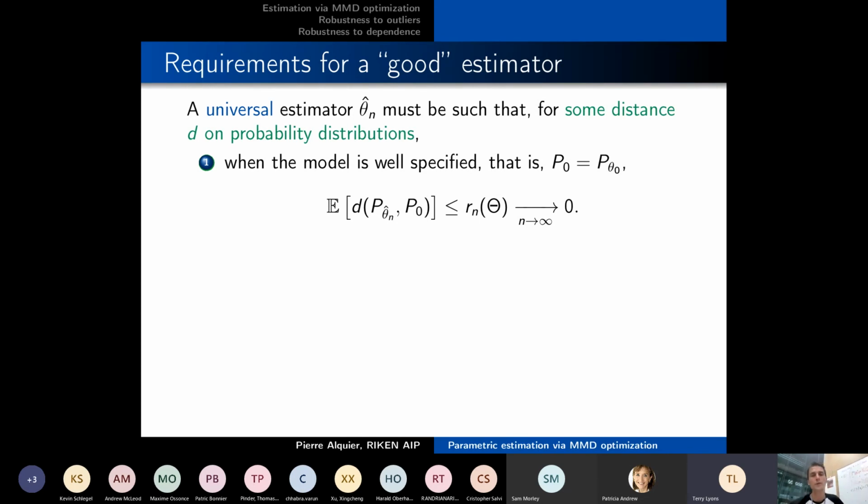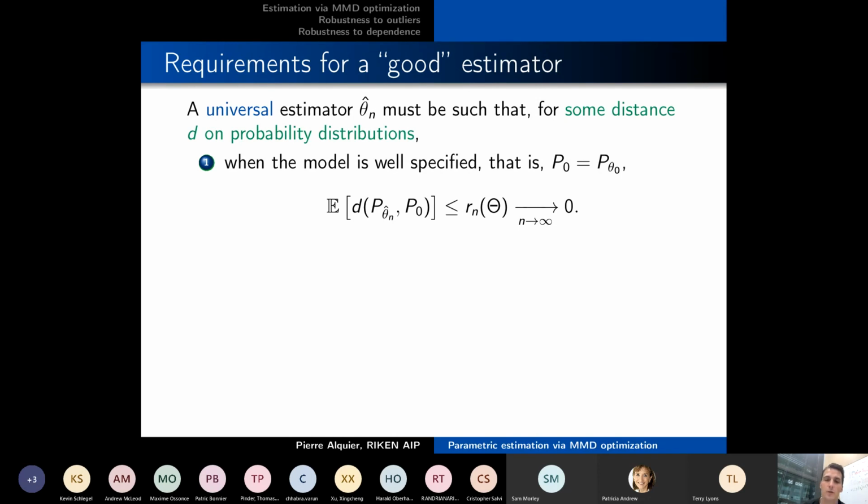But the point is that it depends what you mean by knowing that the data comes from this measure, because it depends on what you're trying to do. It depends on your objective. The distance d should be tailored according to your objective. For example, in machine learning, we use a lot of predictive measures.